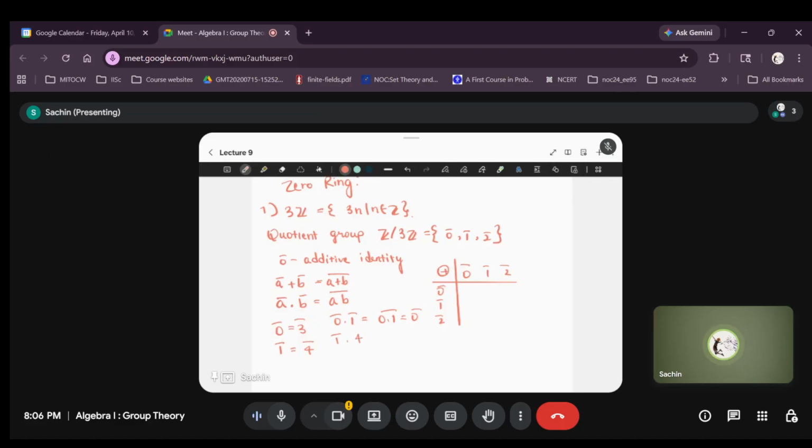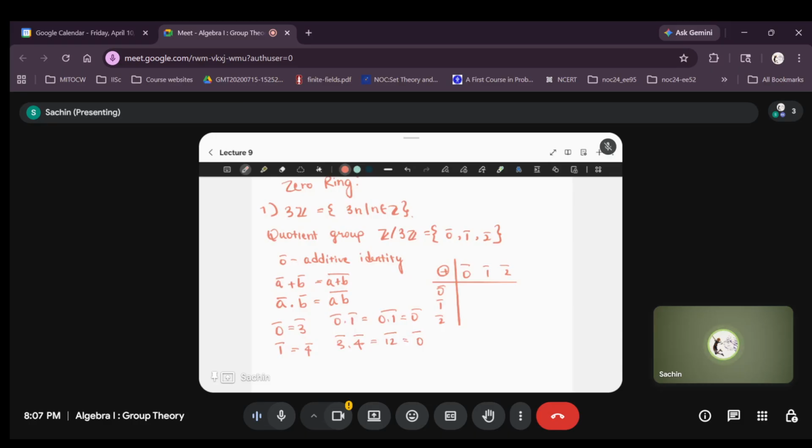So 4 bar is actually 1 bar. Sorry, that's not what I meant. If you write 3 bar times 4 bar, that would be 12 bar, which would be 0 bar.